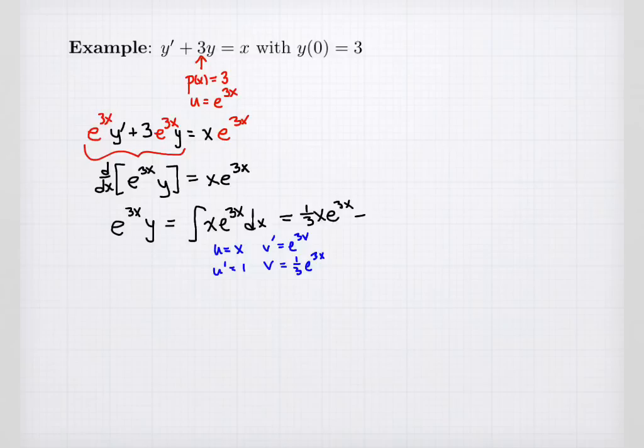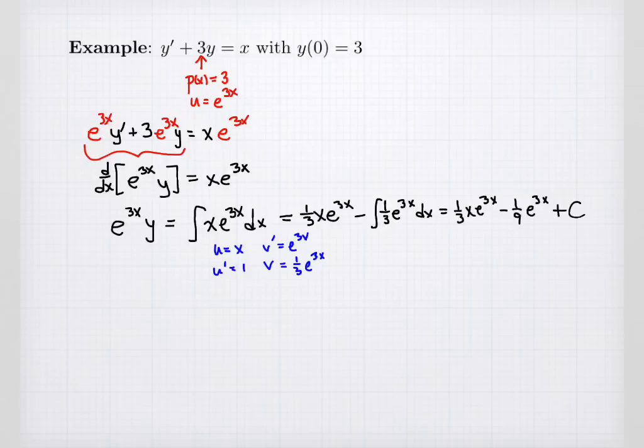So I'm going to have an integral of 1/3 e to the 3x times 1 dx. Okay, so that gives me my final formula, 1/3 x e to the 3x minus 1/9 e to the 3x plus the integration constant.